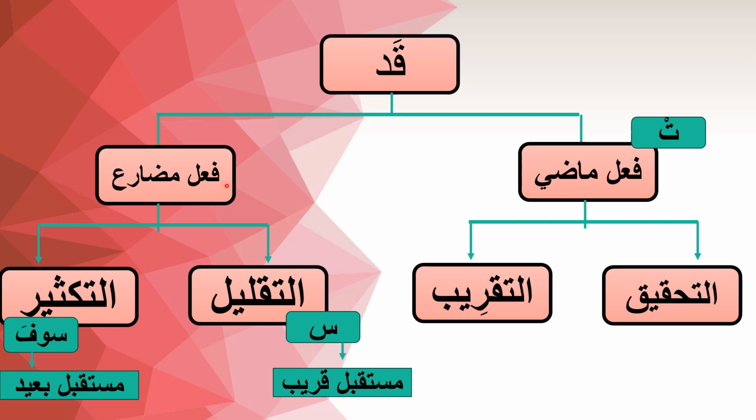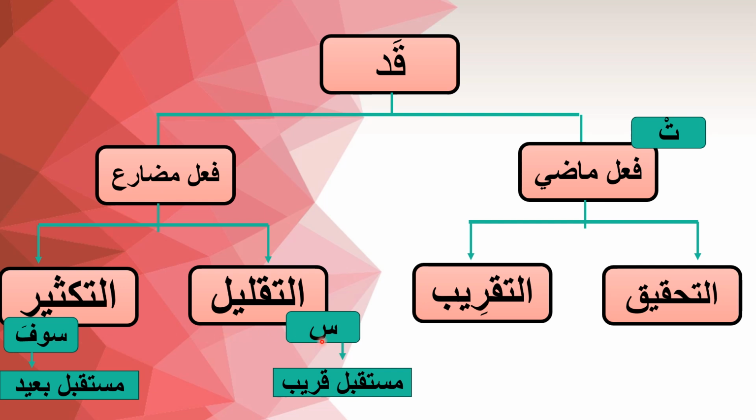Now, when the qad comes before a fail mudari, it gives either of 2 meanings. Taqleel, as the word suggests, showing you something less, and takfir, showing you something more. And let's see other signs, the tatanis and seen and saufa. The tatanis will be seen only with the fail madi, and the other signs of the fail, the seen, the harf mustaqbal, and the saufa, come with the present tense only.